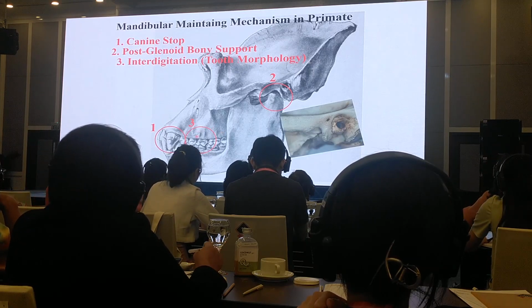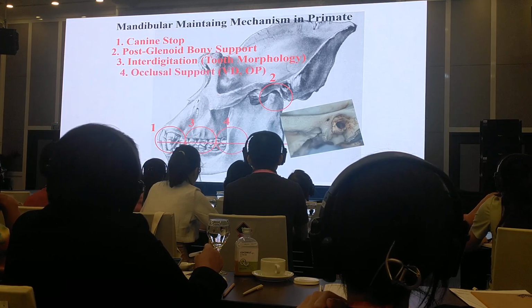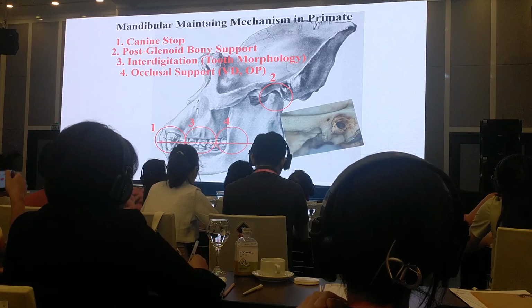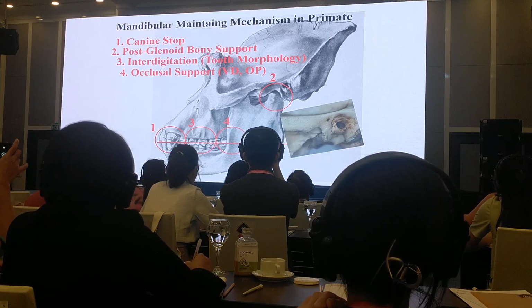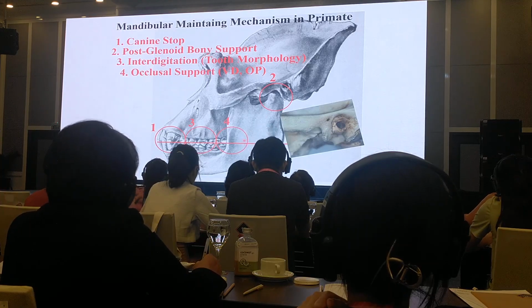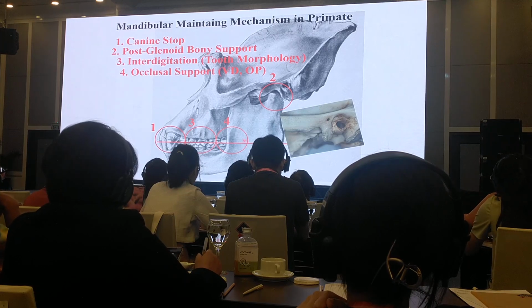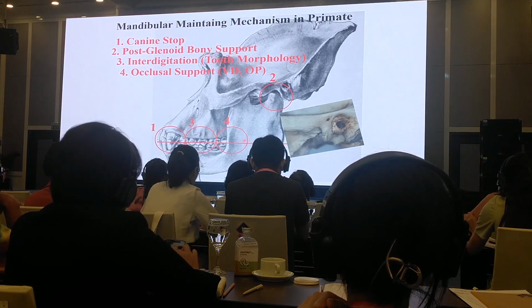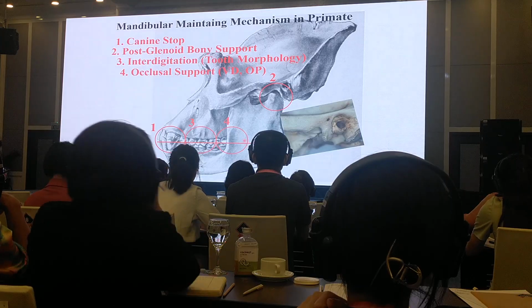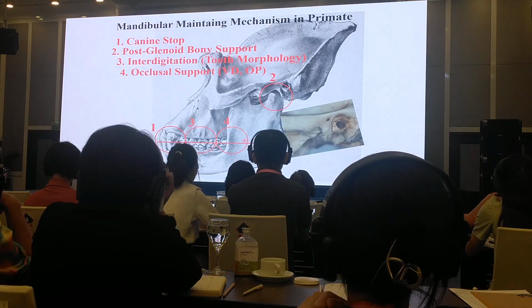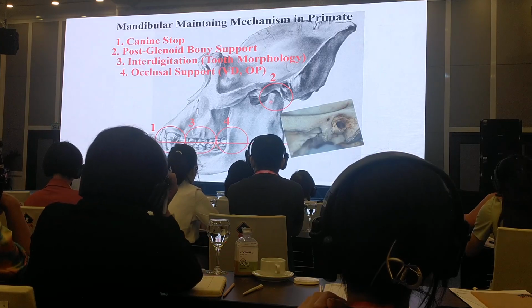And also, the vertical dimension is good enough to keep the mandible, and the occlusal plane is very much flat. All these support the mandibular position. Therefore, no variation. Always almost the same type of face.